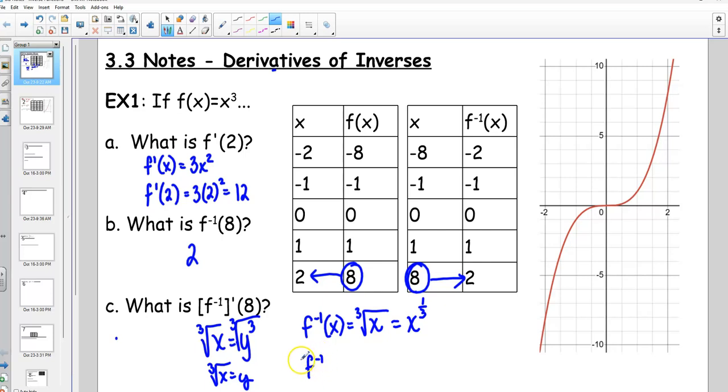You've got f inverse. I like to put a set of parentheses around it. So it's f inverse prime of x. But we're just taking the derivative of the inverse, which would be 1/3 x to the 1/3 minus 1 is going to give us negative 2/3 there.